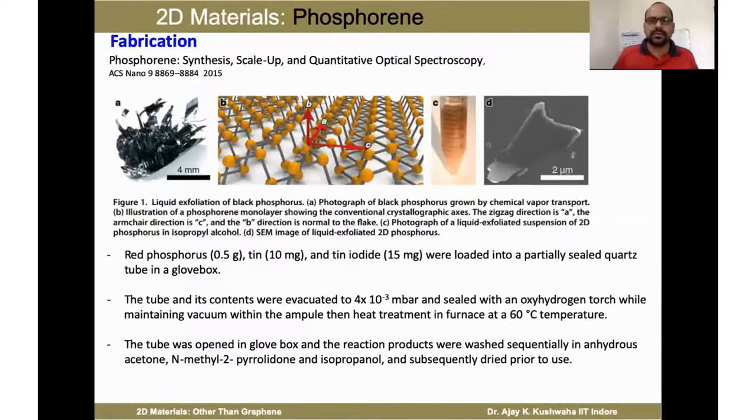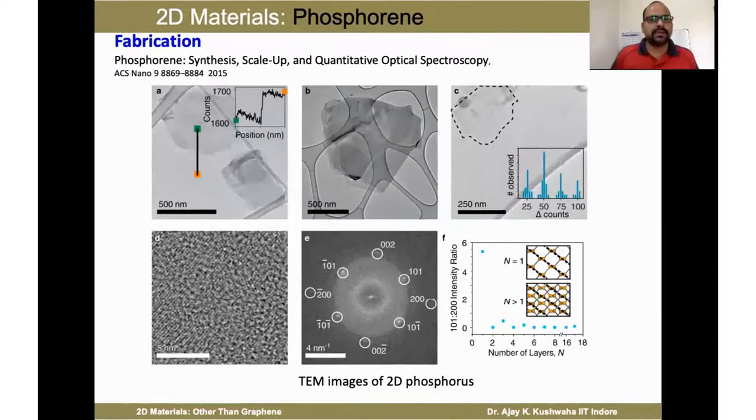Here one of the characterization data is the transmission electron microscopy image. Figure A shows what looks like a monolayer, and here few-layer phosphorene, and they have also taken the line profile which shows the thickness of the phosphorene seed.